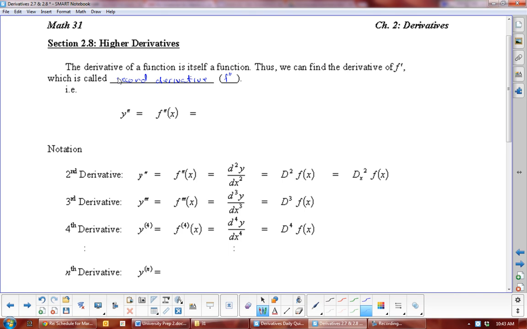And that can also be done as dy, or d squared y over dx squared, or without the bracket, d squared y over dx squared.